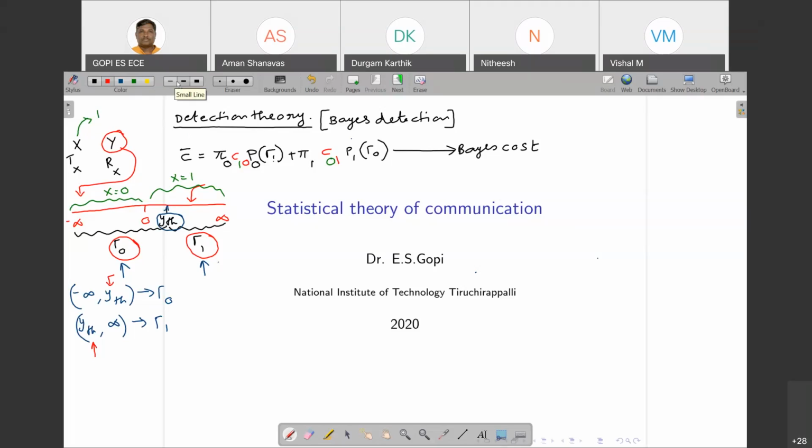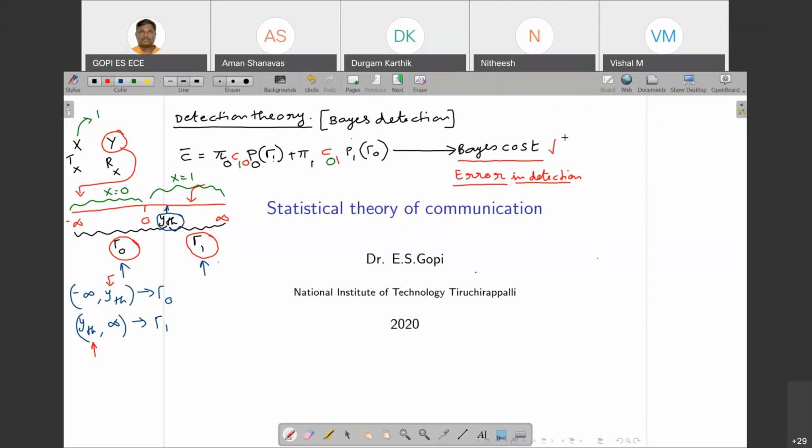The methodology we are going to use to find this gamma naught and gamma 1 is to choose this Bayes cost. We are giving a penalty for doing this error, the error in detection, and we are trying to minimize that penalty.